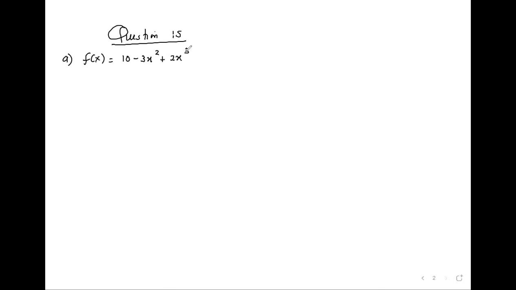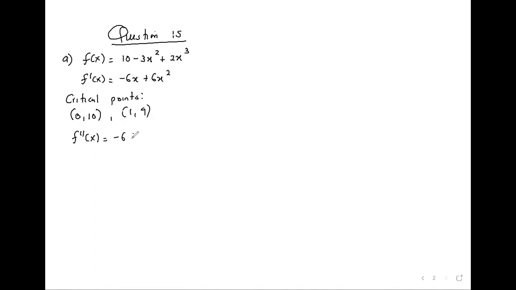Recording what we did, after we differentiated the function, we got negative 6x plus 6x squared. And then we found the critical points to be (0, 10) and also (1, 9).